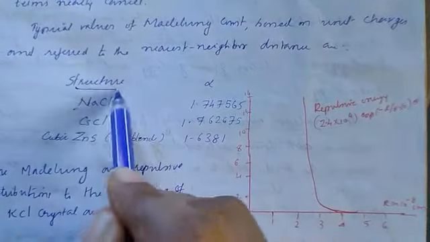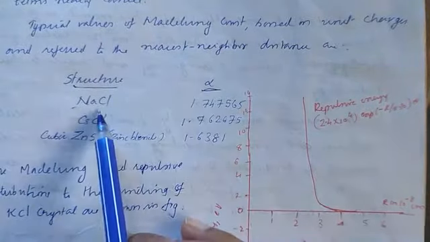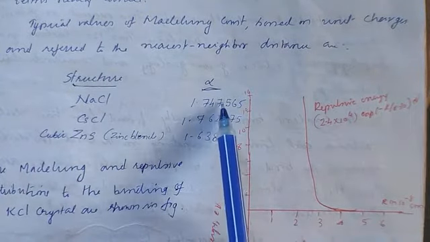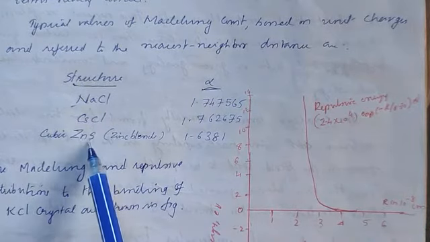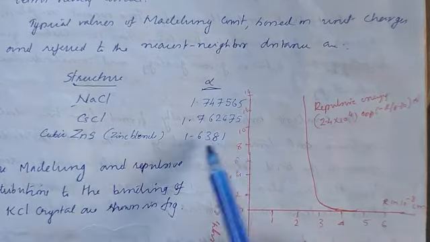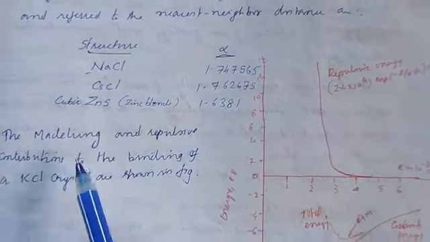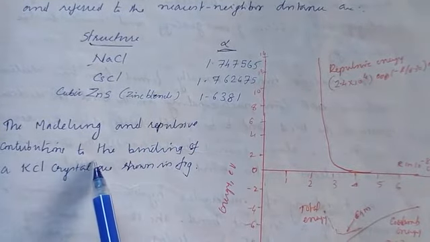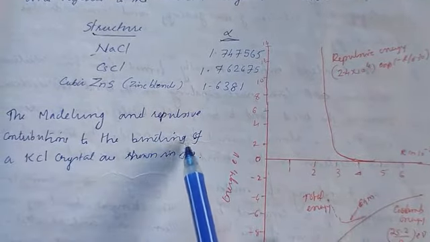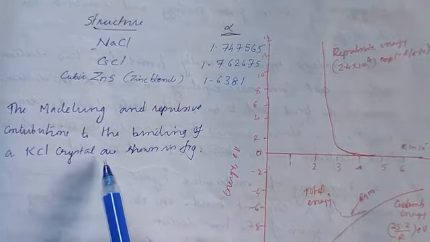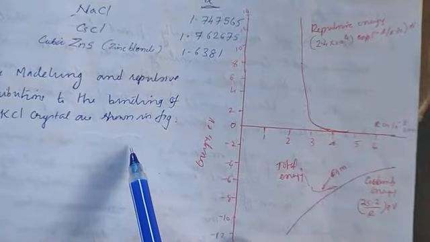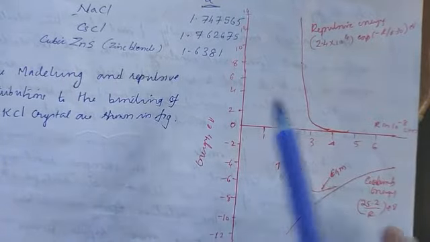This is the structure and this is the Madelung constant. For sodium chloride, this is 1.747565, and cesium chloride and zincblende, which is also known as zinc sulfide, are given here. The Madelung and repulsive contributions to the binding of a potassium chloride crystal are shown here.